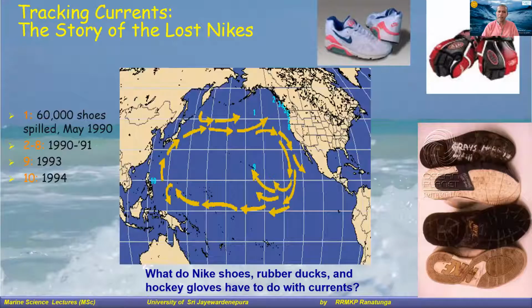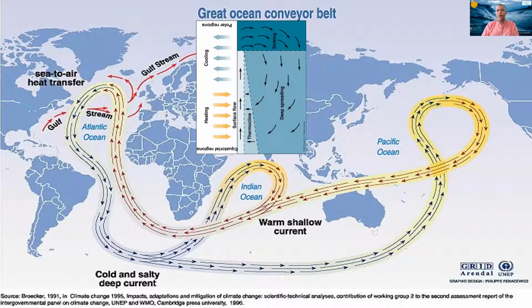Now, how do we know that these ocean currents move in this kind of pattern, in a circular pattern, and that water from one ocean will go to another ocean?